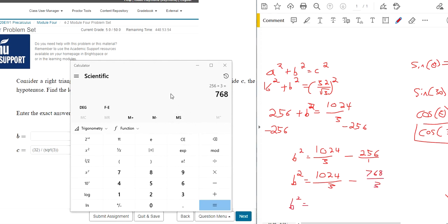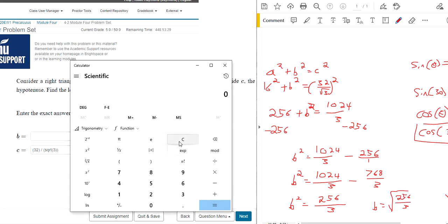Now we can combine them now that the top and the bottom are the same. 1024 subtracted by 768. Still not divisible by 3. Shoot. We get 256 over 3. And now to finish this out, you've got to take the square root of both sides, right, to get B by itself. So B is the square root of 256 over 3.